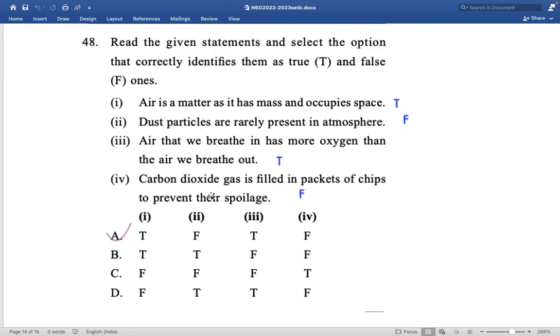This is true. Carbon dioxide is filled in packets of chips to prevent their spoilage. This is wrong. Chips packets are filled with nitrogen gas because it prevents the oxidation of oils present in chips and acts as a preservative, so the chips remain fresh. So this is the correct answer.